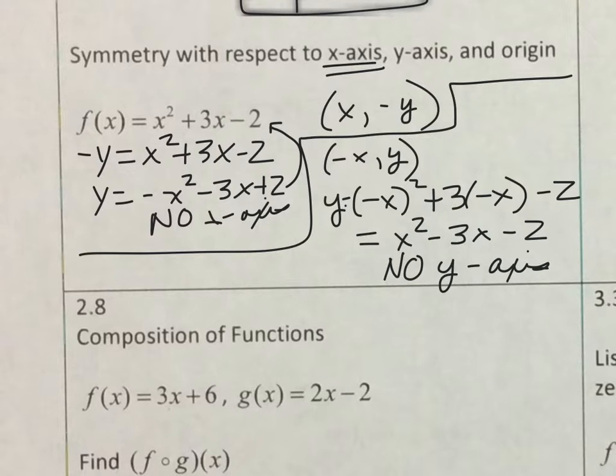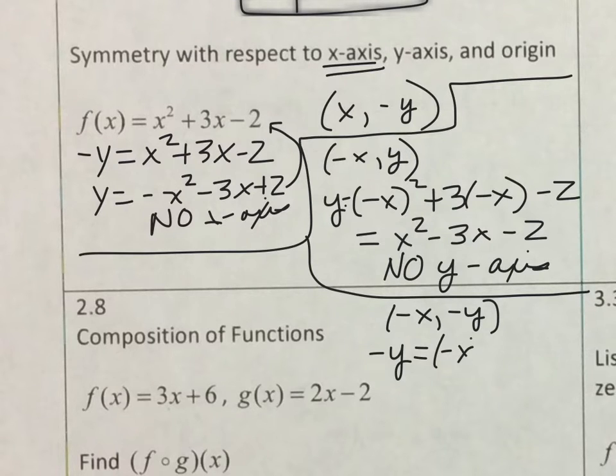And then for origin symmetry, we put negative x in for x and negative y in for y. So it'd give me negative y equal to negative x squared plus 3 times negative x minus 2, or negative y would equal x squared. What did I write there a moment ago?